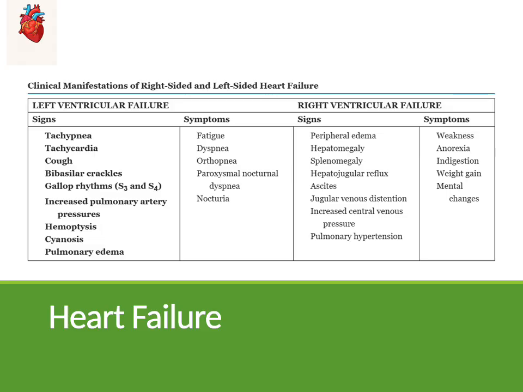Often this is not sufficient as it decreases filling time of the ventricles. There is the inability for the heart to actually respond to this big demand by increasing contractility, so it starts to fail further.